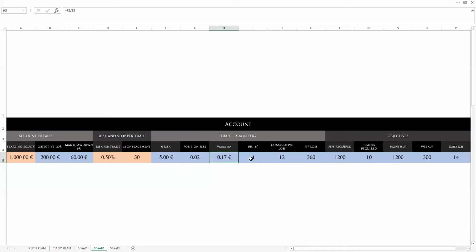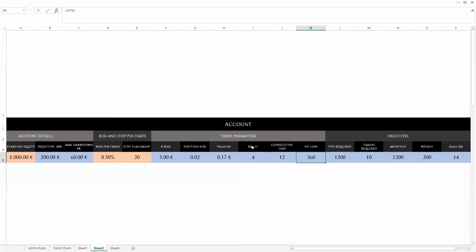Now, if my risk reward usually is 1 to 4, using a 30 pip stop and 1.5% risk, I can have 12 consecutive losses. That would mean I'd be losing 360 pips overall. That's all I can lose.